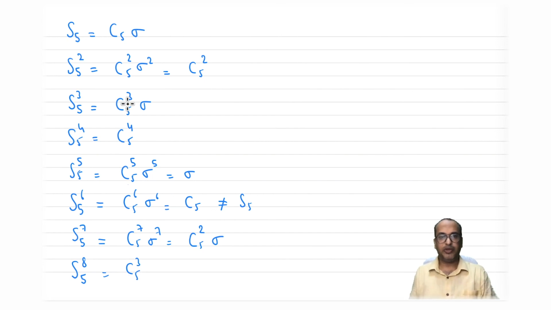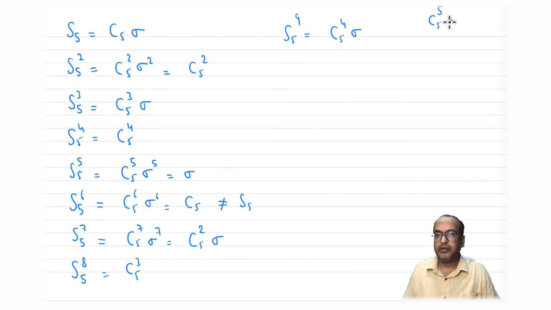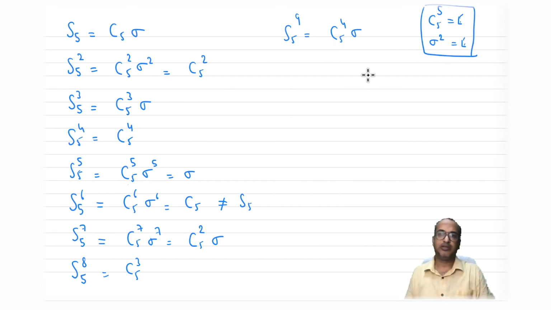Again, this is a non-redundant operation. Now let's continue. S5 to the power 9: we have C5 4 and sigma. I'm shortcutting this; you can explicitly do it and see. What you have to make sure is that whenever you hit sigma square or even powers, this is equal to E. I'm using this to simplify.